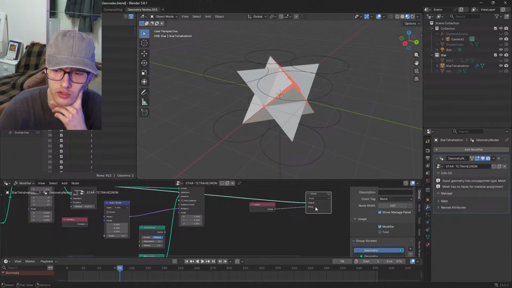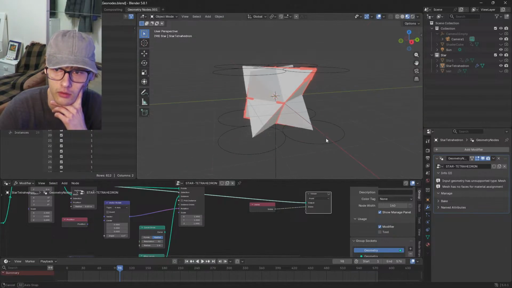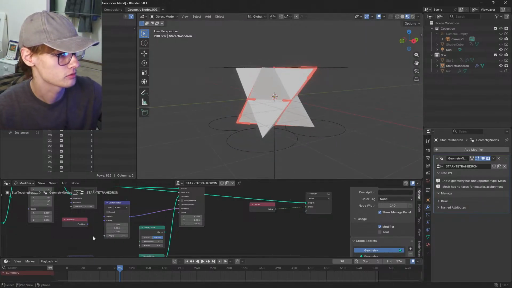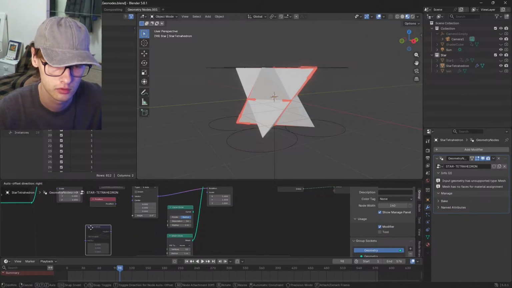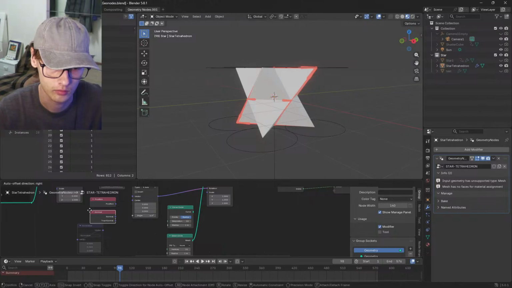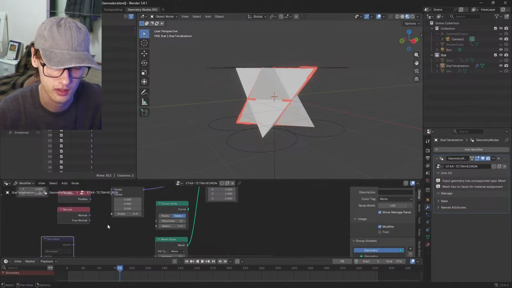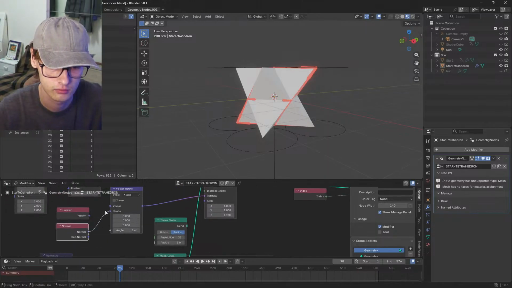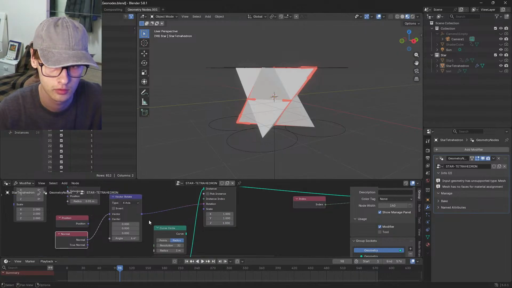So the position is something like 1, 1, 1. I feel like I have to use a normal. I think I know what a normal is. I think.